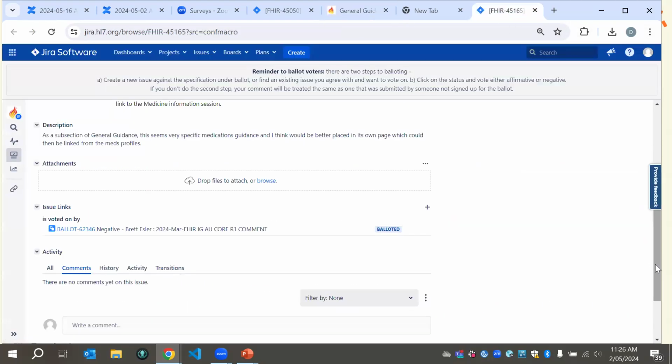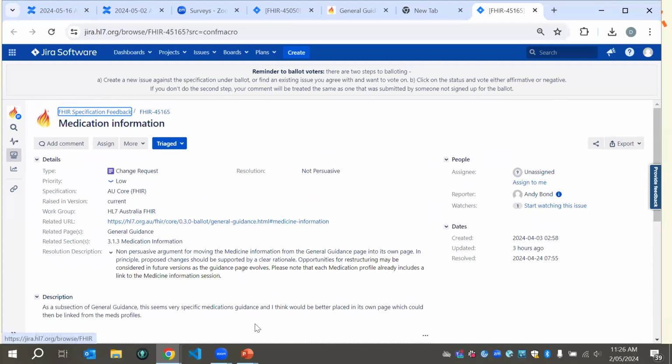The proposed resolution was that this was a non-persuasive argument for moving medicine information from the general guidance page onto its own page. In principle, proposed changes should be supported by clear rationale, and opportunities for restructuring may be considered in future versions as the guidance page evolves. Please note that each medication profile does include a link to the medicine information section.